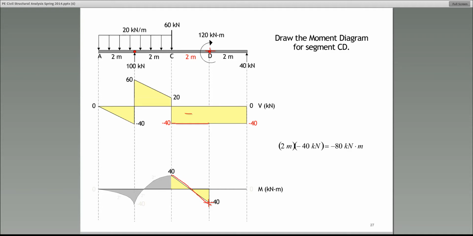That will introduce an abrupt change in moment at the point D. The question becomes, is that going to be an abrupt change in the positive direction or in the negative direction? In this case, and I'll tell you, there's only one way to decide, and that's going to be positive in this case.